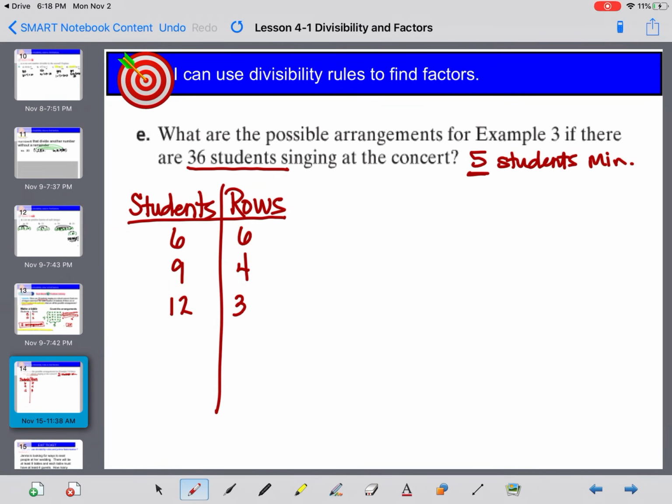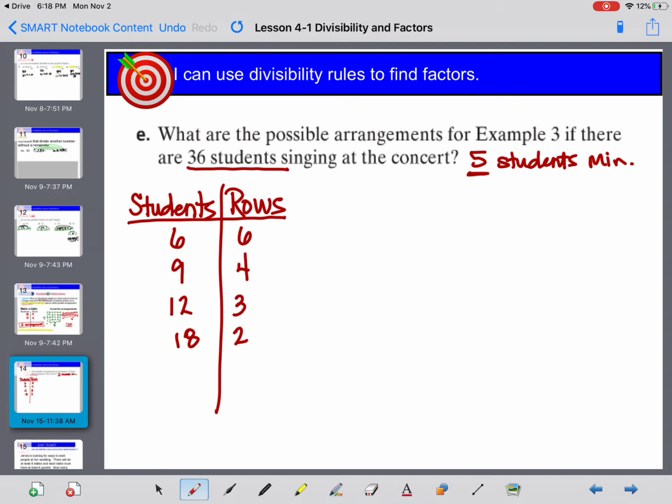Nope. 17? Nope. 18. How about 18? 18 students in a row with 2 rows. 18 times 2 is 36. And then 19, 20, 21, and then it's too high. So these look like my 4, where I have at least 5 students in a row and 36 total students.